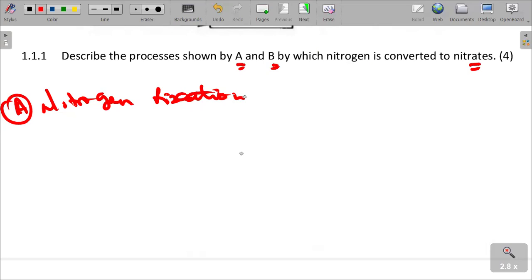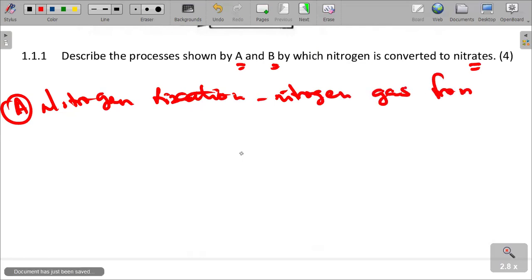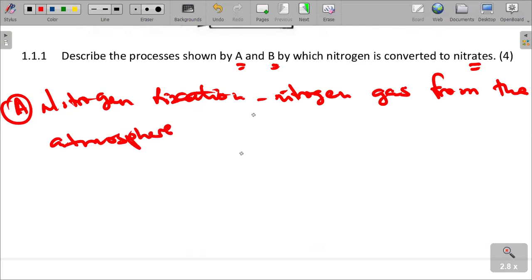So what we need to understand is that nitrogen gas from the atmosphere, as you see there, is converted into ammonia.